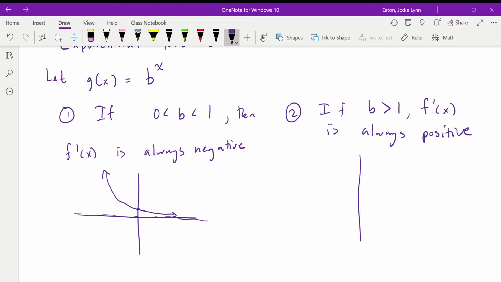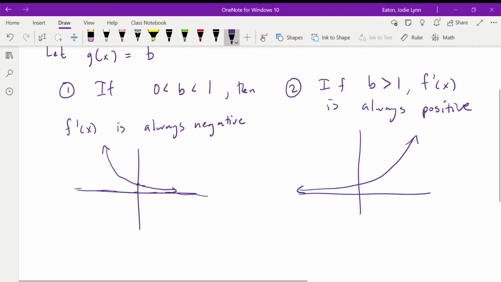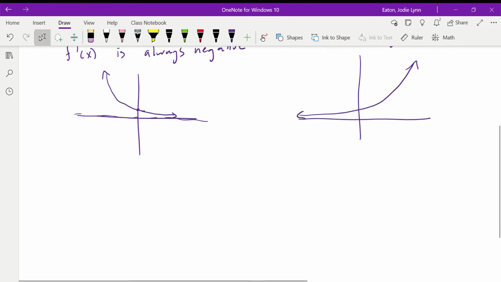And that situation graphically will look like this, where we still have a horizontal asymptote at y equals 0, but this time we have an always increasing function. Okay, so for bases that are fractions, when we raise them to successively higher powers, they get smaller. For bases that are higher than 1, they get progressively bigger. Okay, so that is an exponential function.